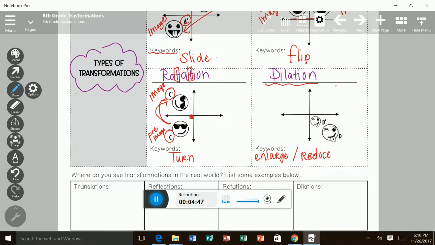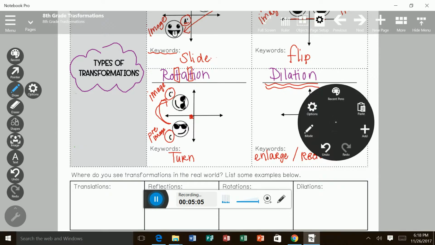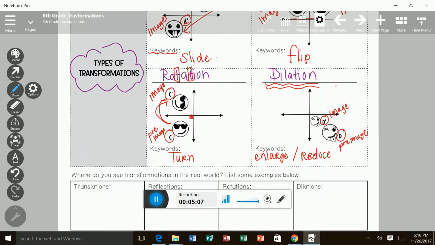Okay, you can see here that my pre-image has shrunk, and here's my image. So what I've done here in my dilation is I've multiplied all of its points or all of its vertices by a scale factor less than 1 to make it smaller, and we'll go into that later.